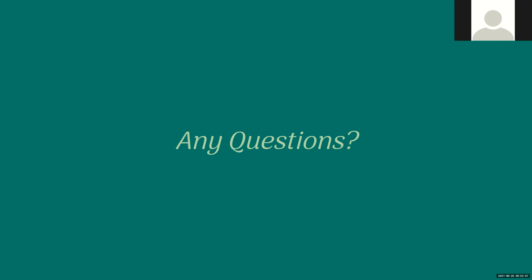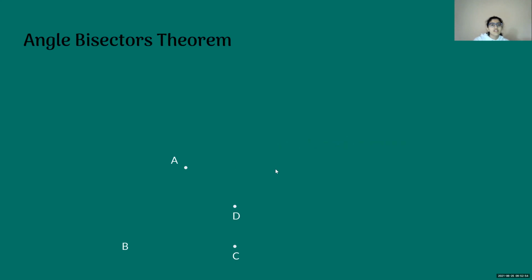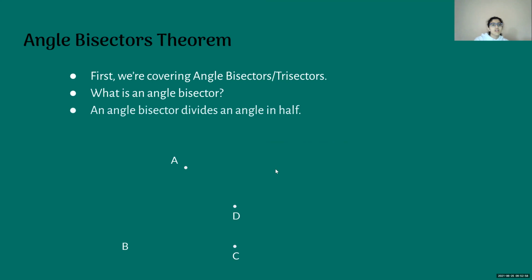Okay, that's good. So the angle bisector theorem is what we're going to talk about today first. First we'll be covering angle bisectors and trisectors. So what is an angle bisector? It just divides an angle in half.